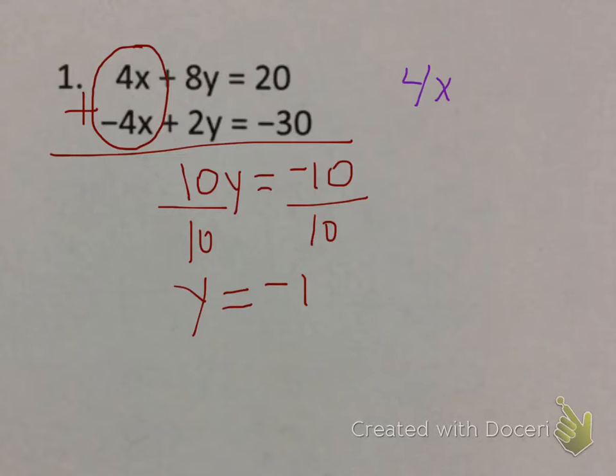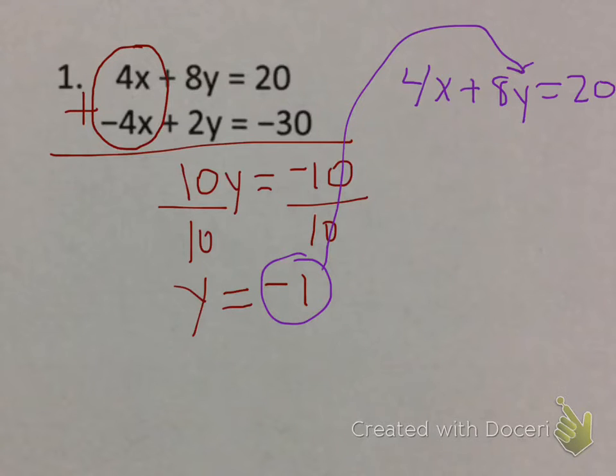So I'm going to come up here and rewrite that top equation: 4x plus 8y equals 20. And I'm going to substitute this number, negative 1, up in here in place of the y. So I'm going to go 4x plus 8 times negative 1 equals 20. And I'm going to continue to solve that.